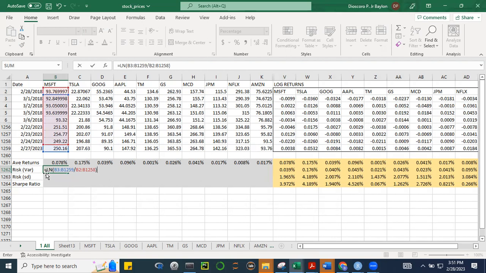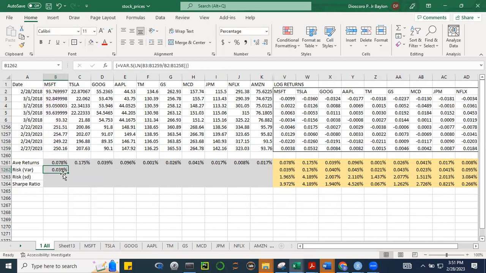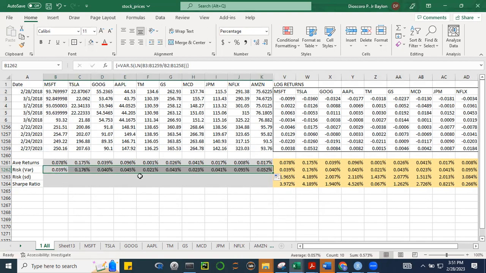That's the log returns, and then we get the variance. Variance.S, sample. There. Right? Variance.S. Control, Shift, Enter. Sabay-sabay, Control, Shift, Enter. Okay. And then format nyo na lang, 0.039%. There. Okay, they should be the same.